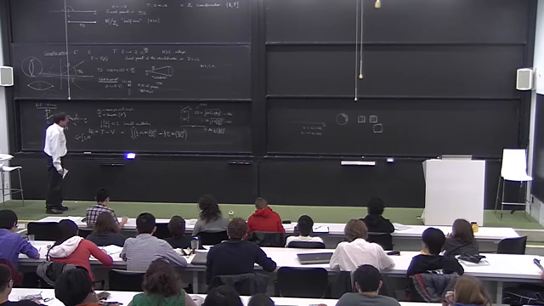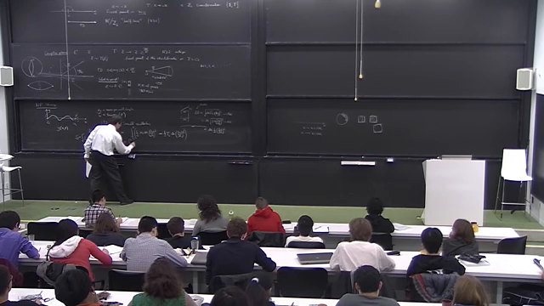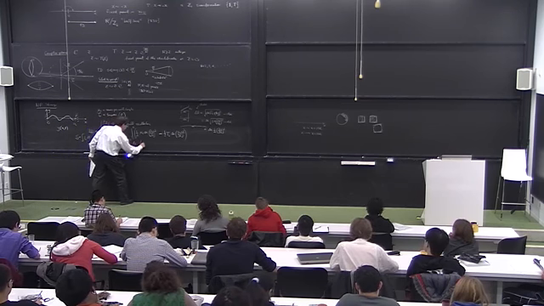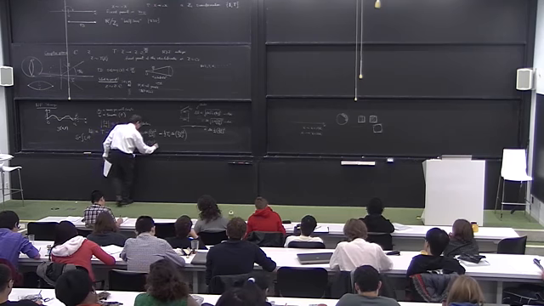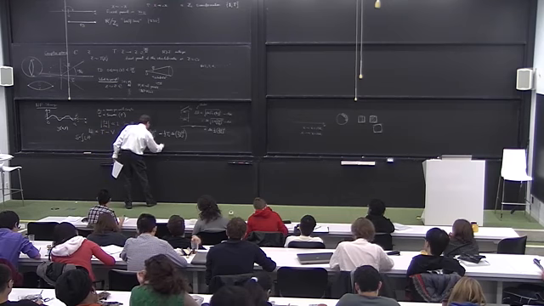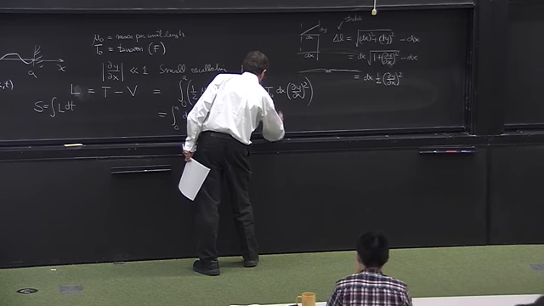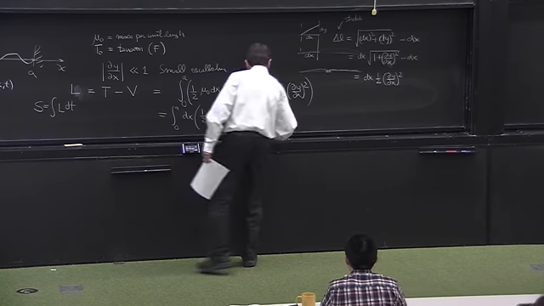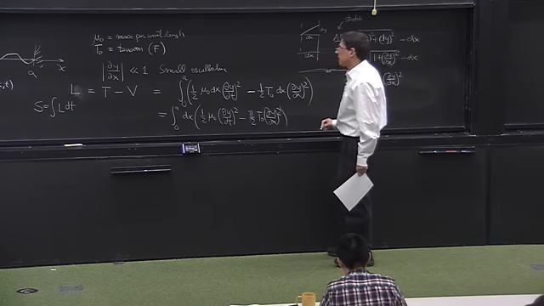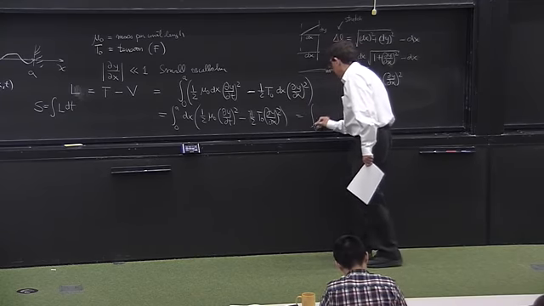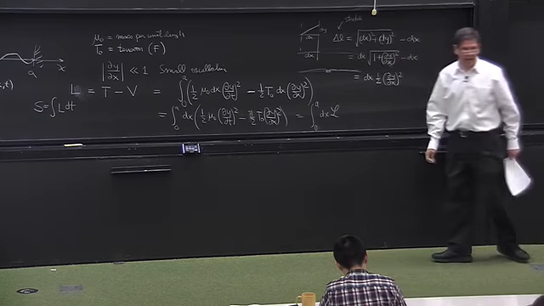So we can write this as the integral from 0 to a of dx, 1/2 mu naught (dy/dt) squared minus 1/2 T naught (dy/dx) squared. And that thing we can call the Lagrangian density, the integral from 0 to a of dx times calligraphic L.